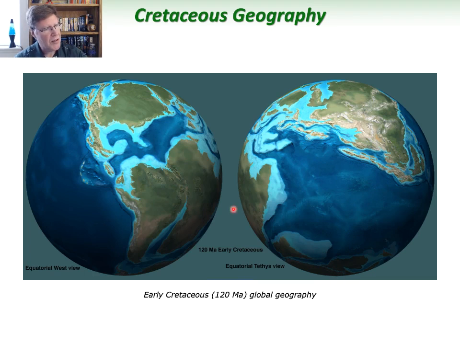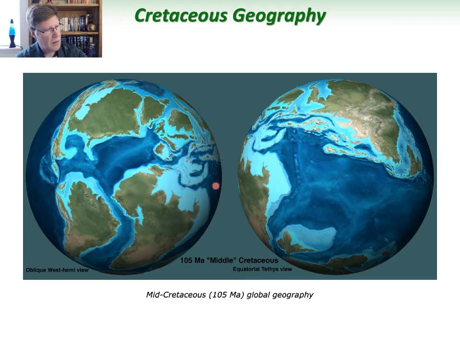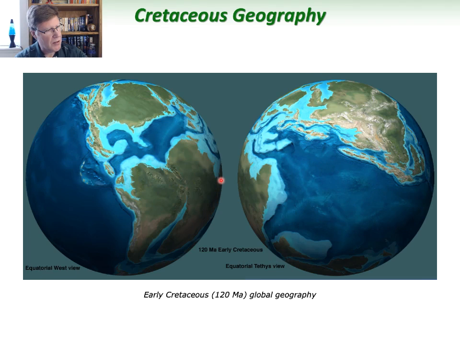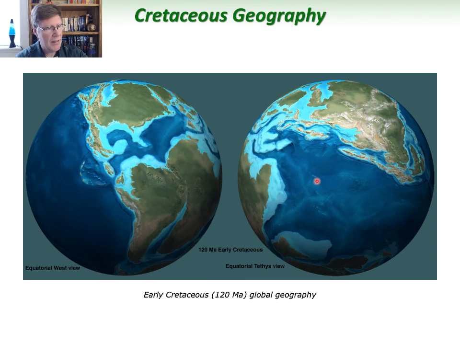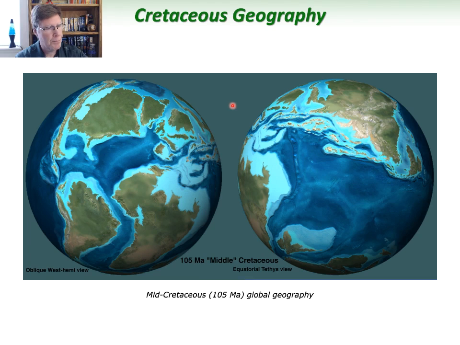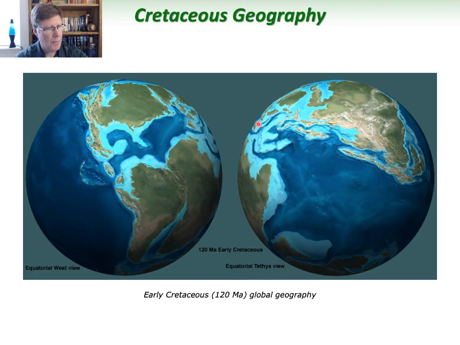So early Cretaceous, middle Cretaceous. So really it's this right here we're looking at in the western hemisphere. The creation of the South Atlantic Seaway. In the eastern hemisphere, the narrowing of the Tethys Ocean Basin slightly. You can see India moving north a little bit.